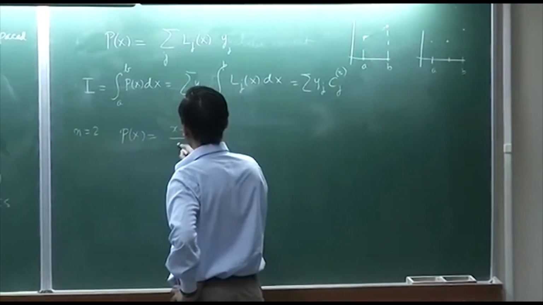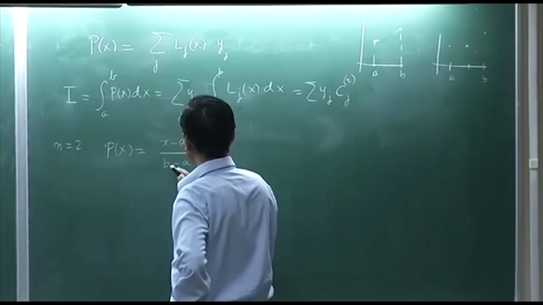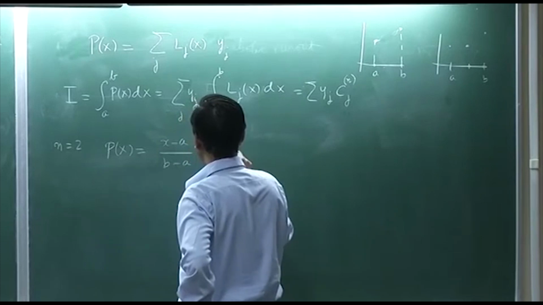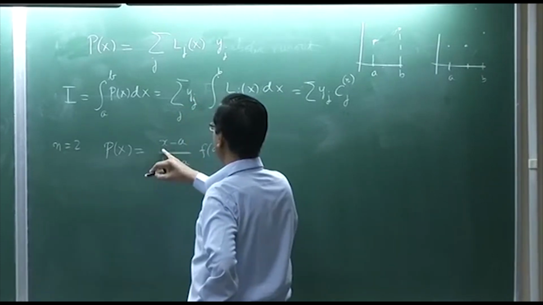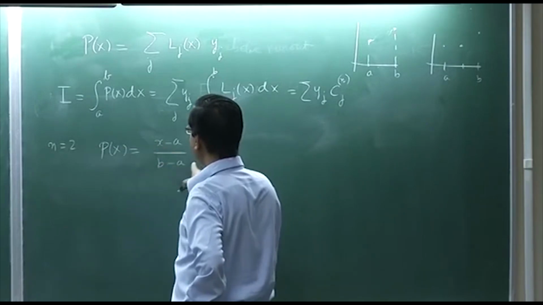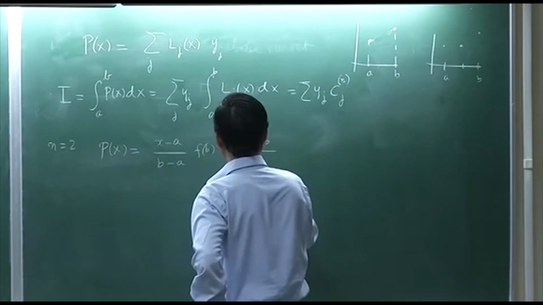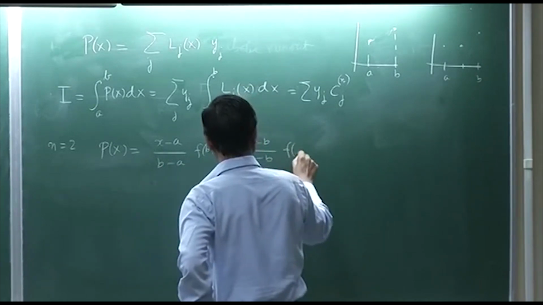So p(x) will be x minus a over b minus a, this will be f of b. If I put x equal to b, then I get f of b, and then I get x minus b over a minus b, f of a.